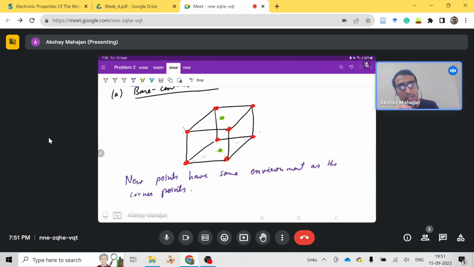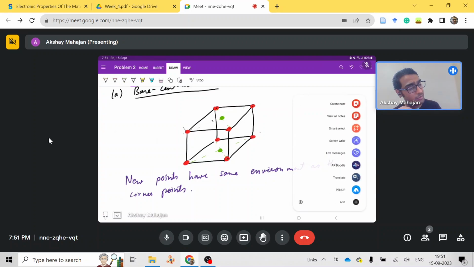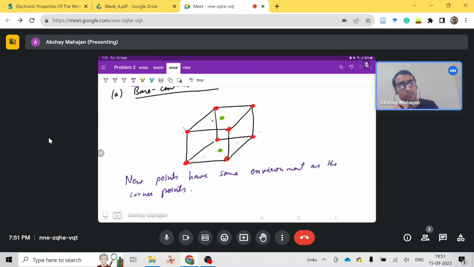And similarly for the red points there will be 4 green points at a distance of a by root 2. Okay, this distance will be a by root 2. So at this distance there will be 4 green points for this red one, and at a similar distance for the green one there are 4 red points.